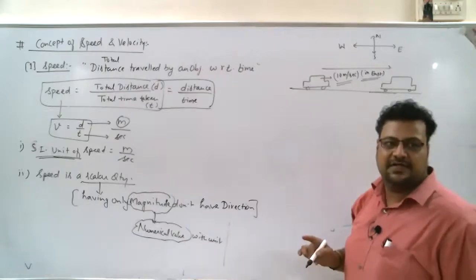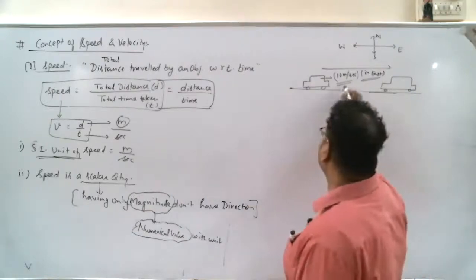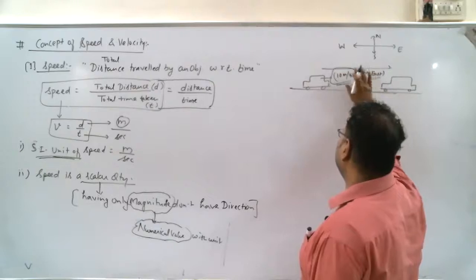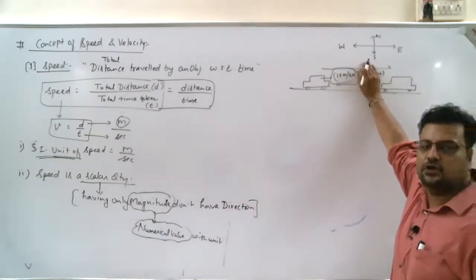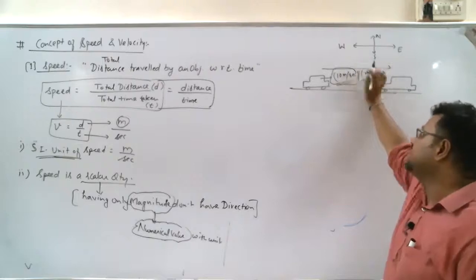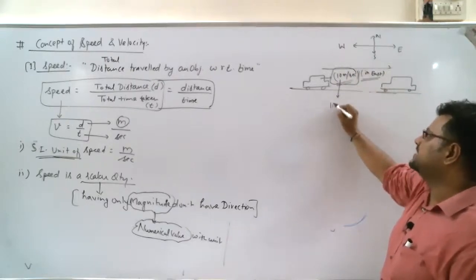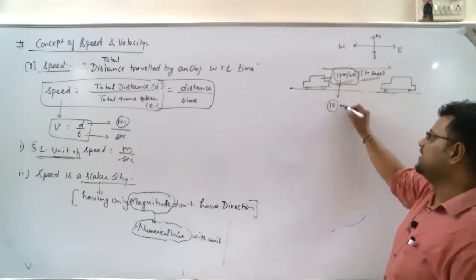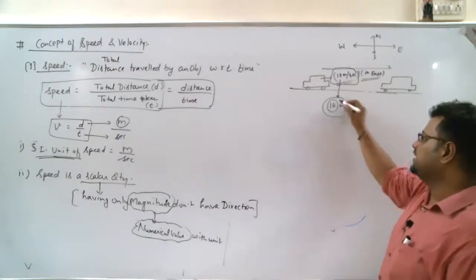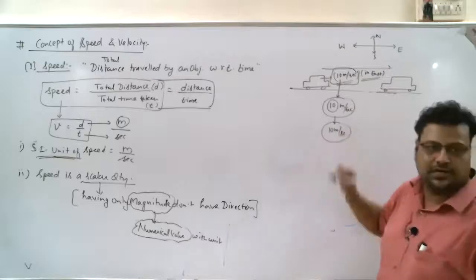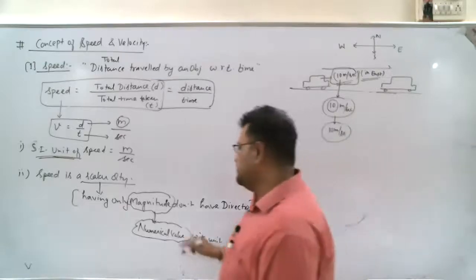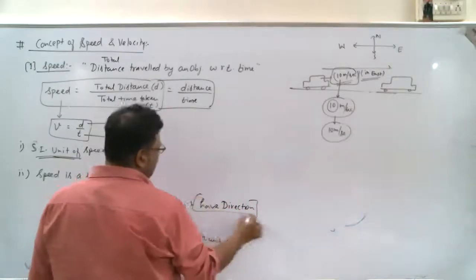But if somebody says the car is moving with 10 meter per second, and the direction, east, west, north, south, is not defined, then this 10 meter per second, 10 is the numerical value, meter per second is the unit. So this 10 meter per second is called magnitude. Got it? So numerical value with unit is magnitude, no direction.